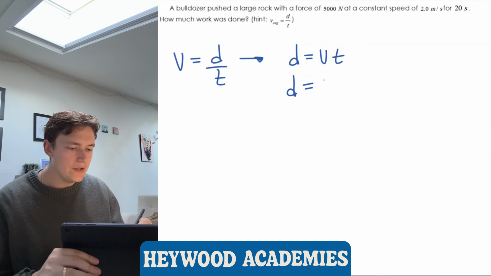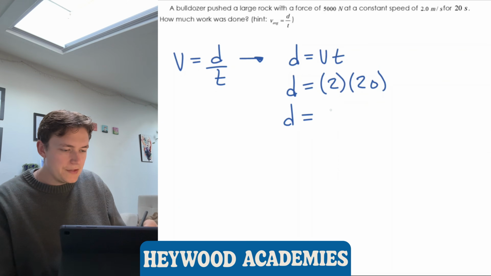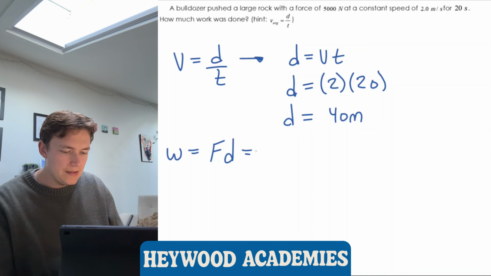And then we can just go ahead and plug those in. So velocity was 2 meters per second, and we had 20 seconds. Okay, so that should give us 40 meters. And then we can go find our work from this. Force times distance. Our force was 5,000. And our distance was 40.